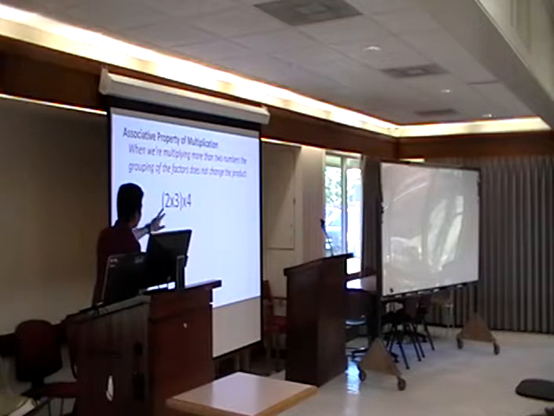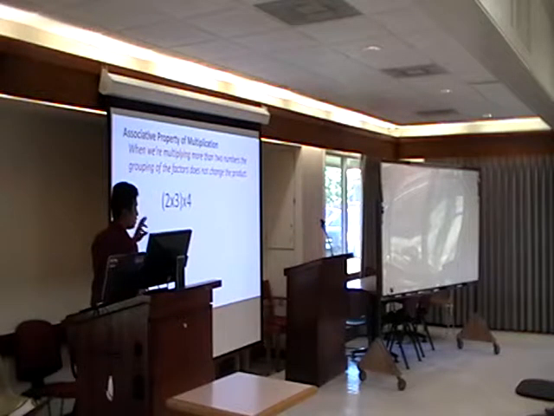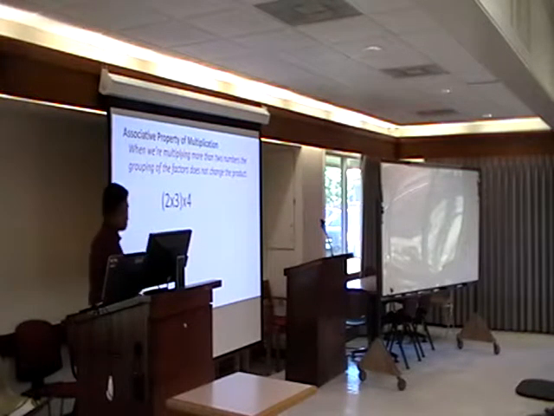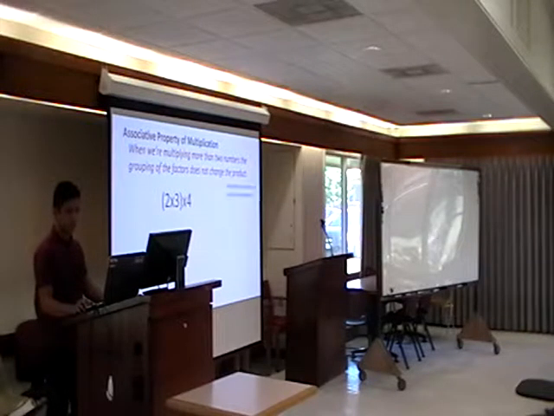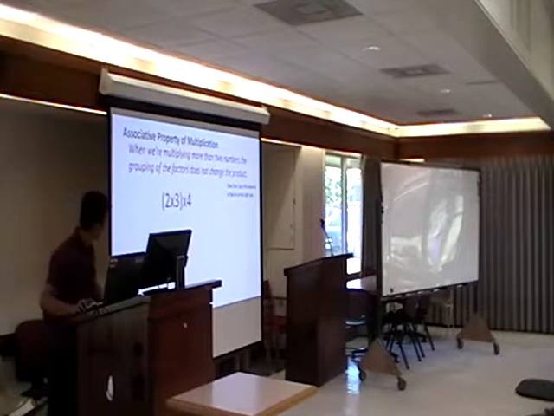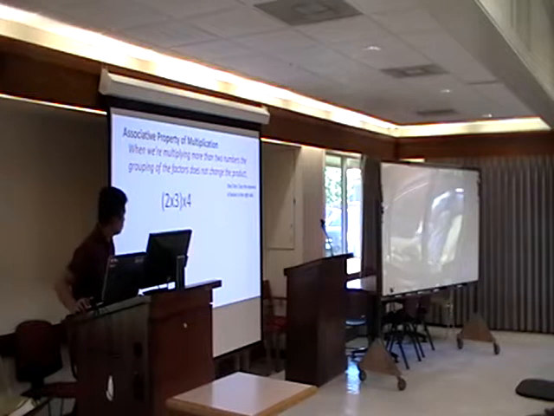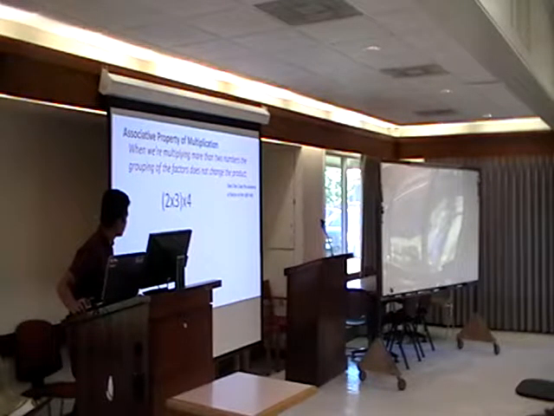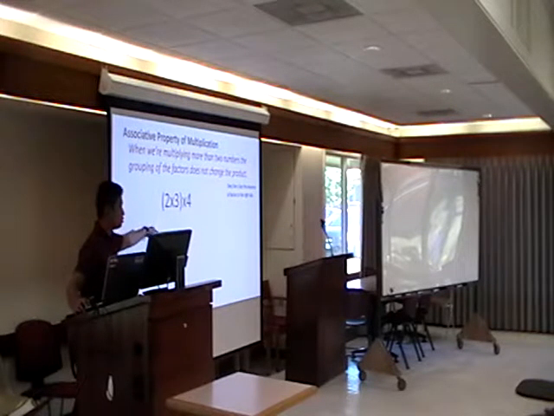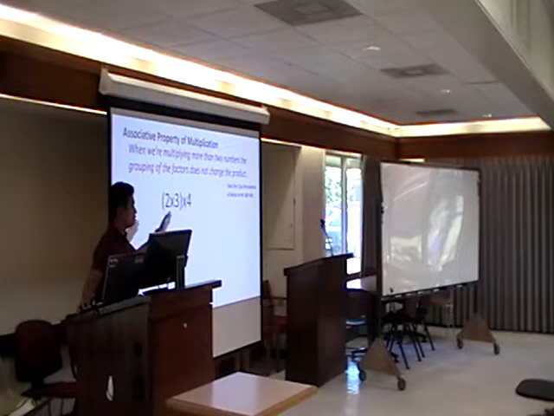In this example, you can see that 2 and 3 are grouped together inside parentheses. If we're going to change that, by following step 1, which is to copy the sequence of factors to the right side, which is 2, 3, 4, we're not going to change the order.